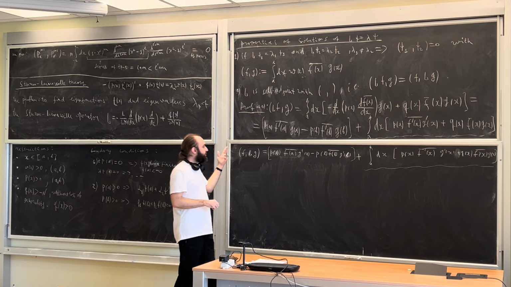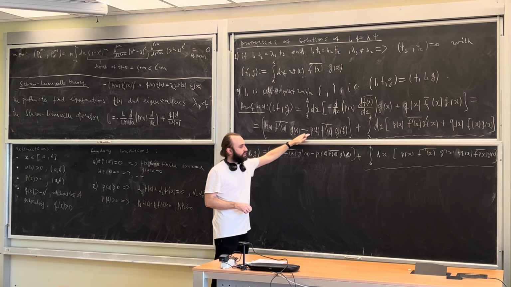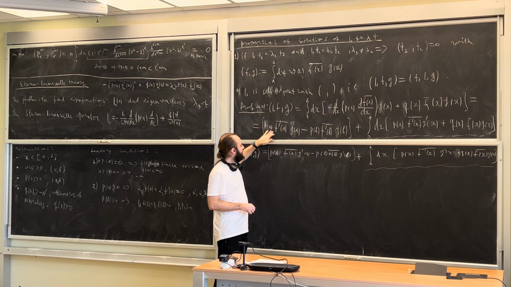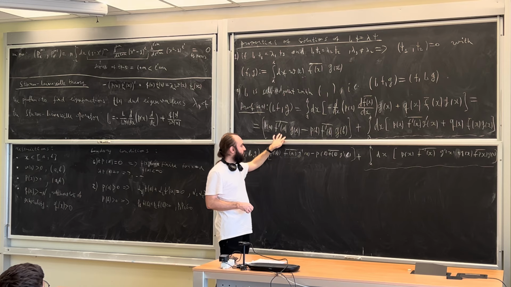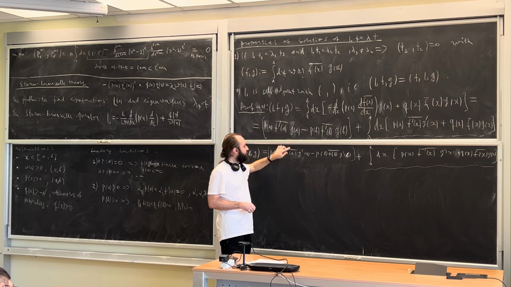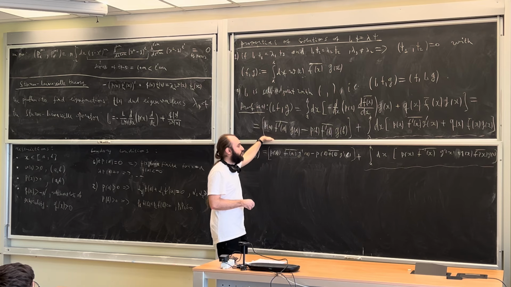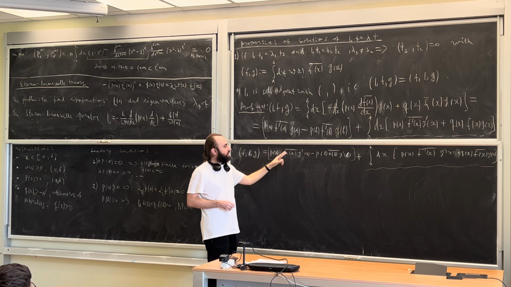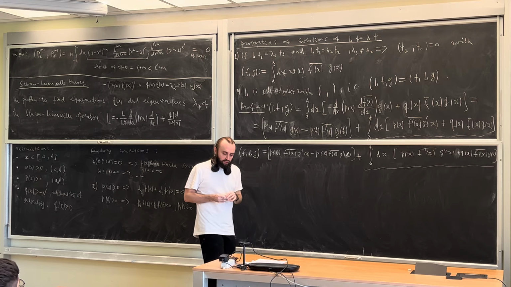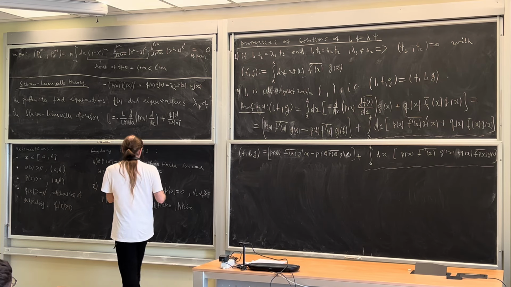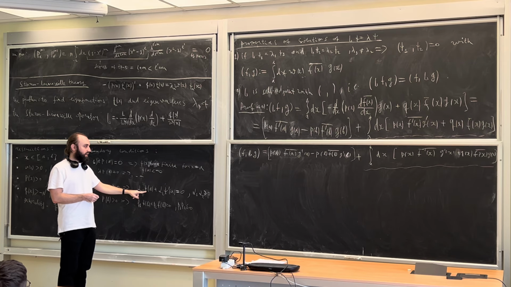If p of a is 0 or p of b is 0, then both of these terms cancel simultaneously. If a function or derivative vanishes at the boundary, then it's also sufficient to say that these terms vanish simultaneously, and we don't need to care about them anymore. The only tricky situation that should be studied is this mixed boundary condition.